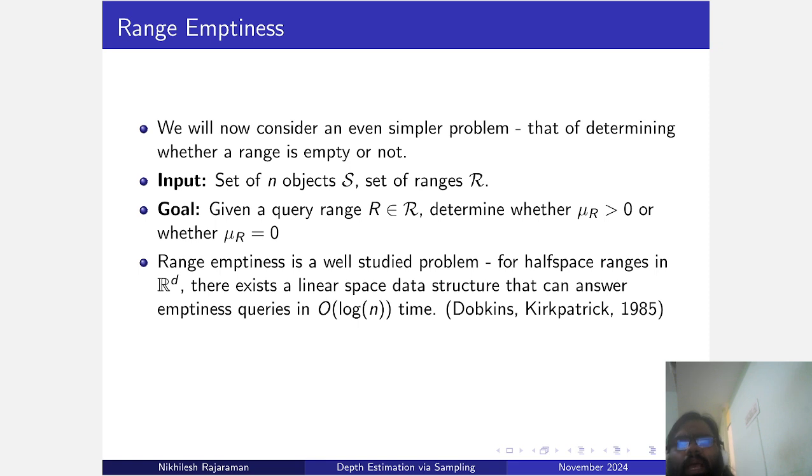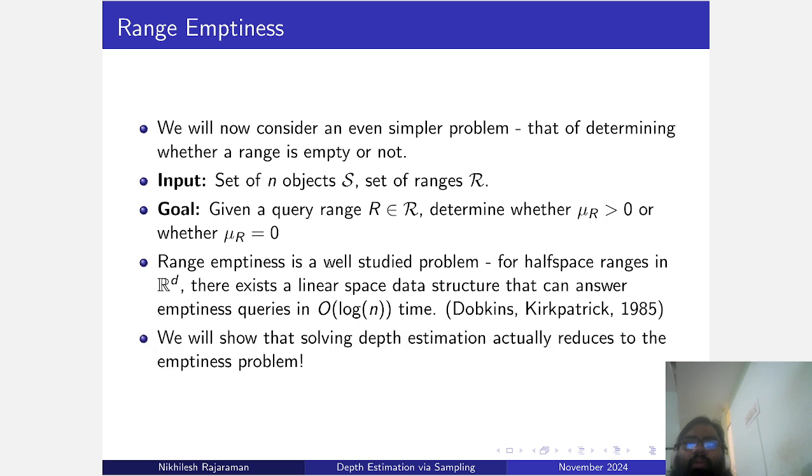But how does this help us? The very interesting and surprising thing is that it turns out that in general, if we have an algorithm that can efficiently answer emptiness queries, then we can actually use this algorithm to solve the depth estimation problem as well. Actually estimate the depth as well.